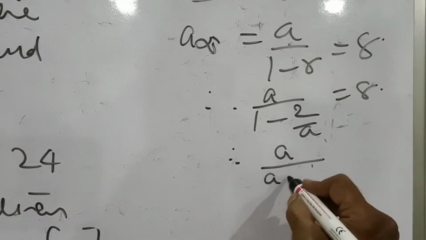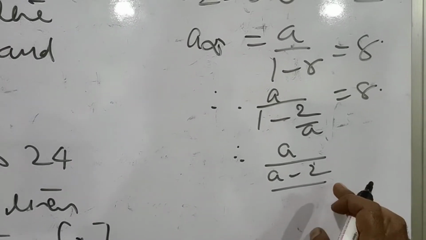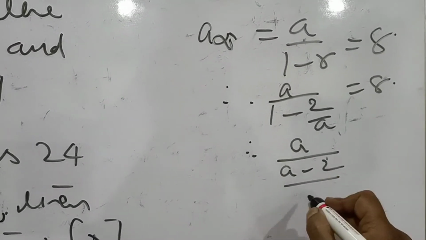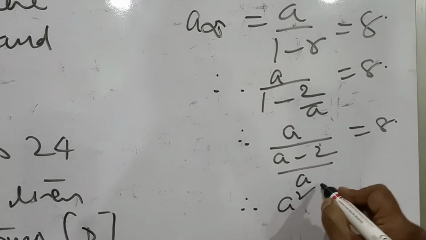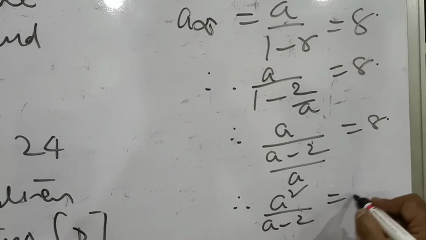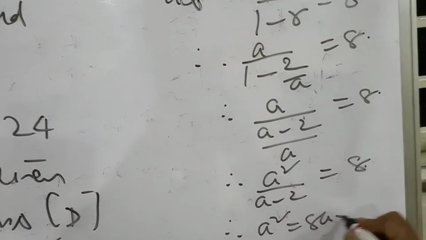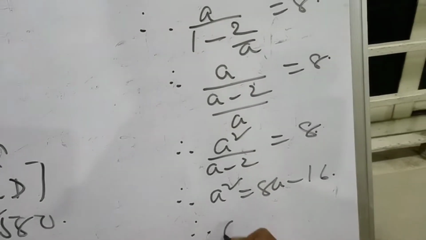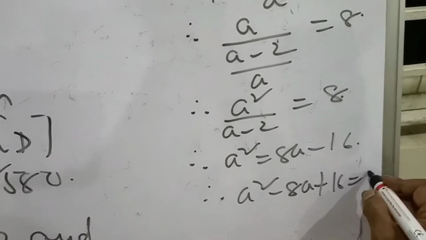a by a minus 2 by a is equal to 8, and taking LCM, a by a minus 2 by a is equal to 8. a square by a minus 2 is equal to 8. a square is equal to 8a minus 16. a square minus 8a plus 16 is equal to 0.